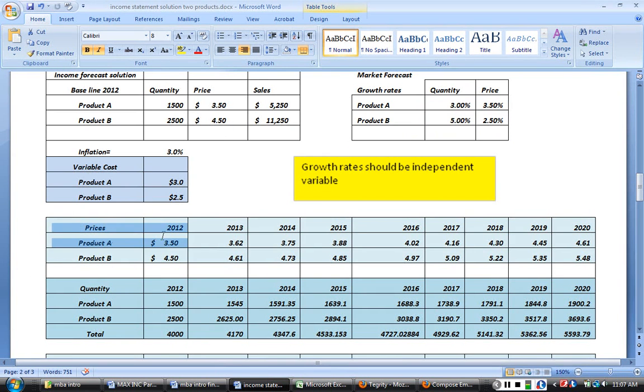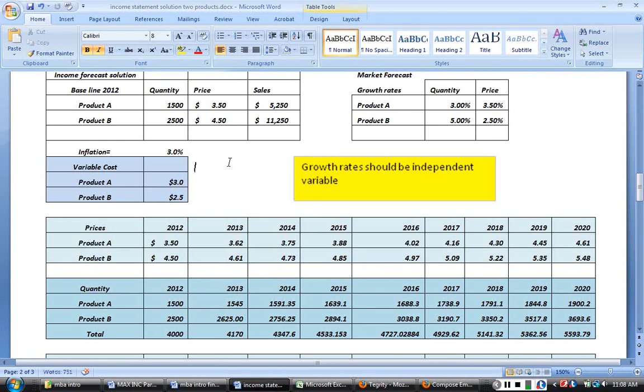The prices they have given us is that in 2012, we have $3.50 for product A, $4.50 for product B. What we want to do is to now first calculate what the prices would be in the future years, 2015, 16, 17, and so on. Now, in order to do that, we basically are taking $3.50 and we're growing it by the price growth rate, which is 3.5%.